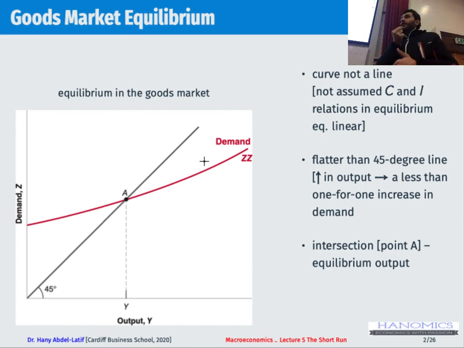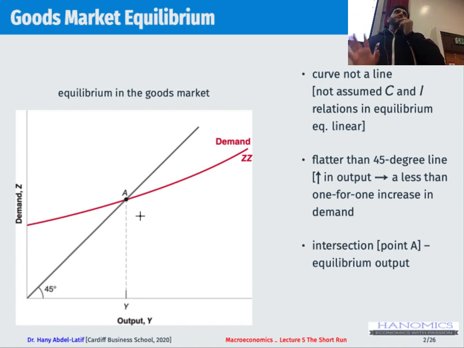So the increase will be less than 1-for-1. We'll carry on with the same situation, and obviously now we understand that point A is the equilibrium point. So there is nothing new except how we treat investment here.